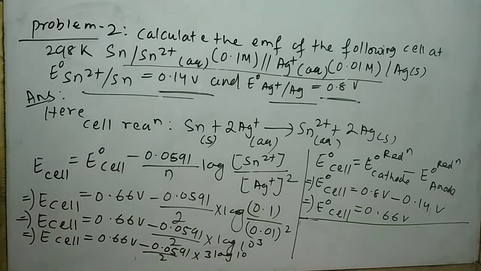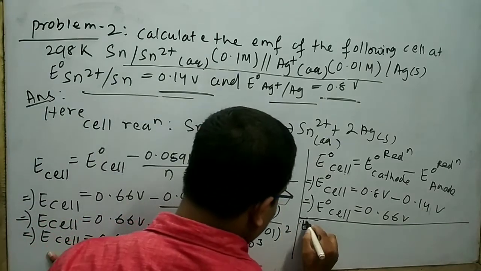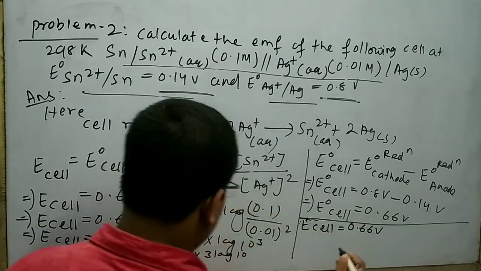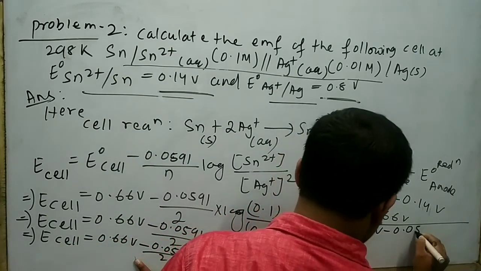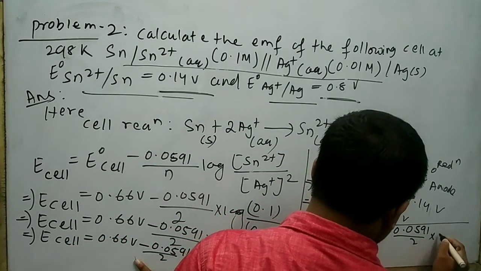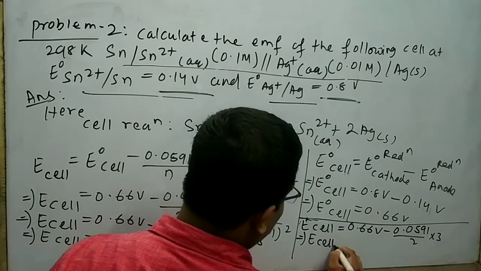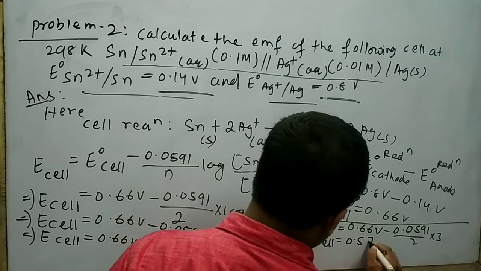The value of log 10 is 1, so E cell equal to 0.66 volt minus 0.0591 divided by 2 into 3. After solving, we can write E cell equal to 0.57 volt.